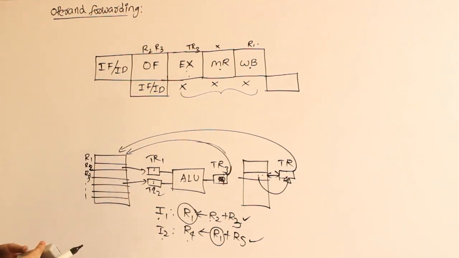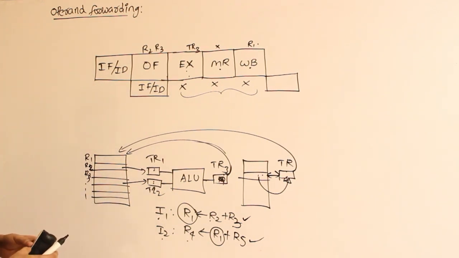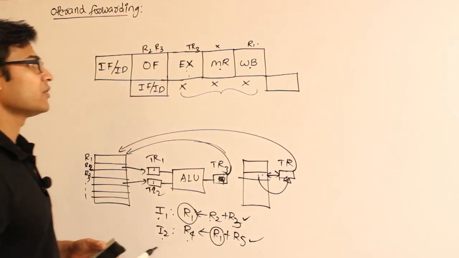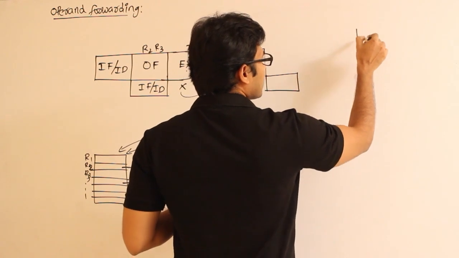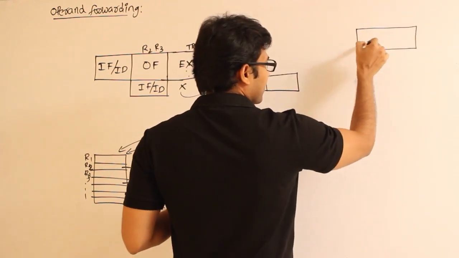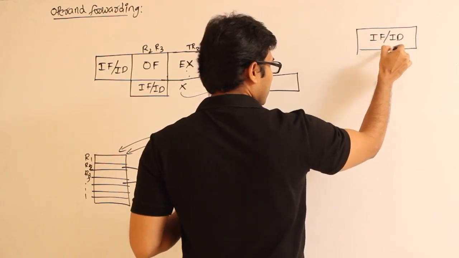In order to save from this particular problem, we are going to use something called short circuiting or operand forwarding. So what is operand forwarding? If you observe this particular pipeline, we have instruction fetch and then instruction decode.